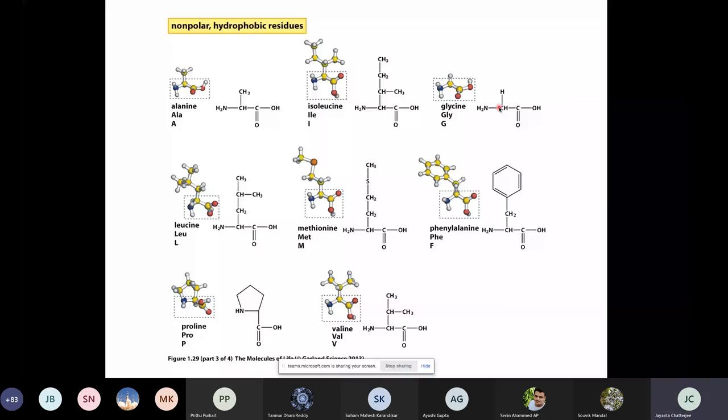However, now look at this one. What do you think? Can you rotate this CN bond as much as you want? Here we were rotating this CN bond as much as we want, right? No, sir.